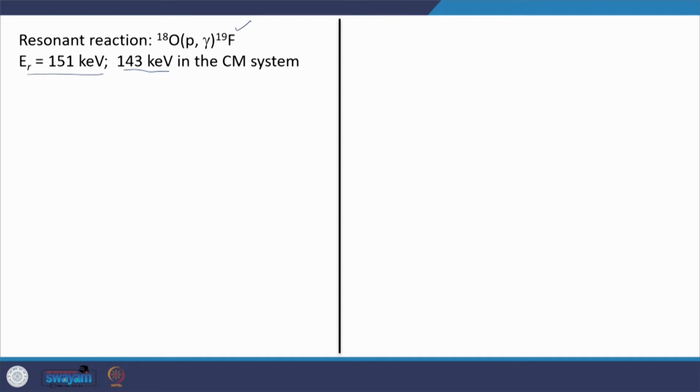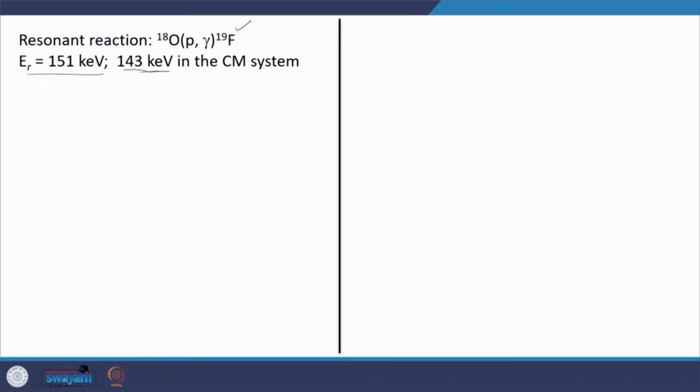The aim of this discussion is to see the change in the cross sections of nuclear reactions when there is a slight change in the energy of the projectile, and here initially I consider the projectile energy as 143 keV, okay, in the center of mass system, and I am looking for the resonance at 151 keV, and consider that the temperature is 0.06 gigakelvin, or you can also write this as T9 equal to 0.06, both are the same.